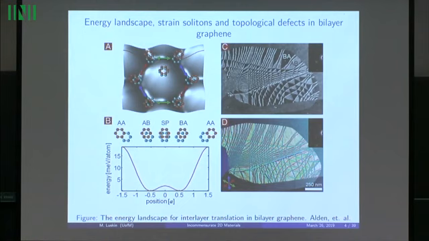What the atoms like to do is be in what's called an AB arrangement. In the AB arrangement, you see that corresponds to a shift of the red to the right or the blue to the left. In that case, these atoms here are sitting right in the center.